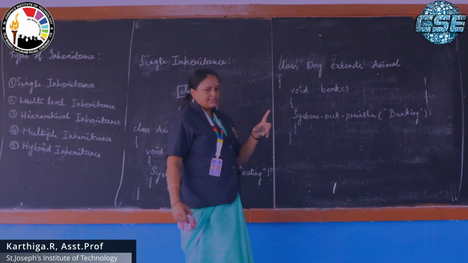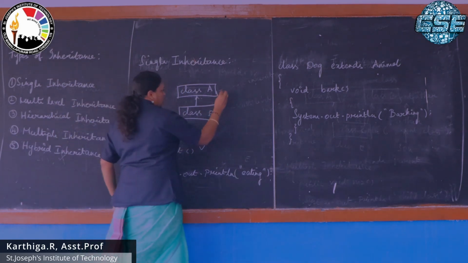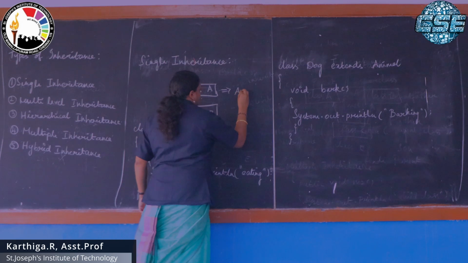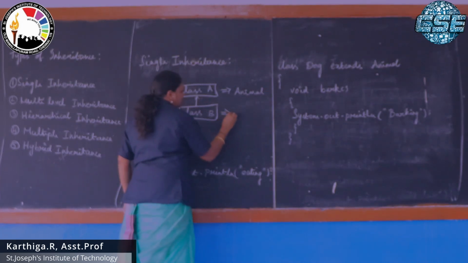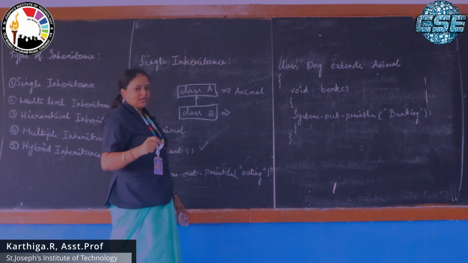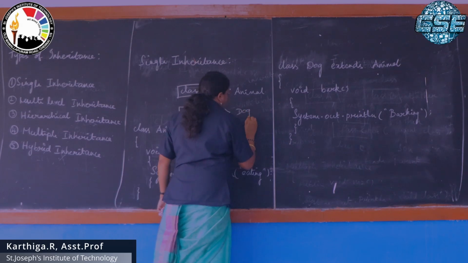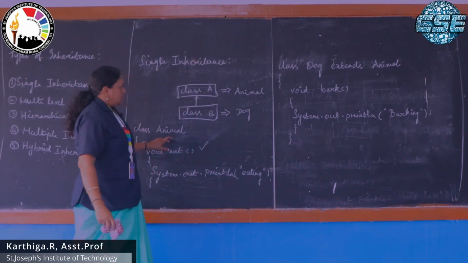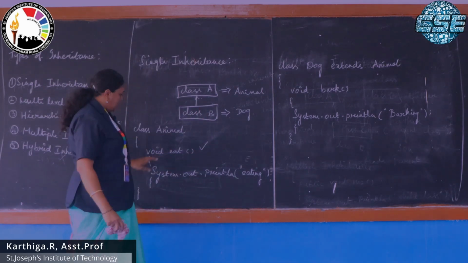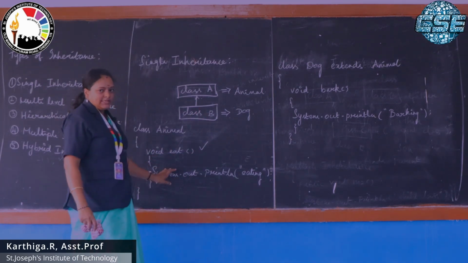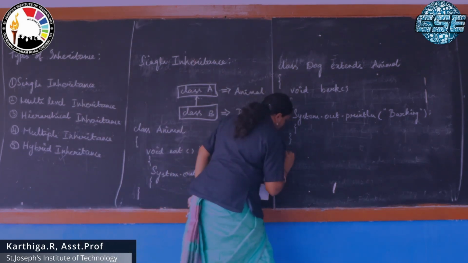So dog is the subclass. Like this diagram, class A is the animal. Okay, class B, this is nothing but child class. So here the child class is dog. So dog acquires all the methods and properties of animal, that is void eat. Okay, next main method.